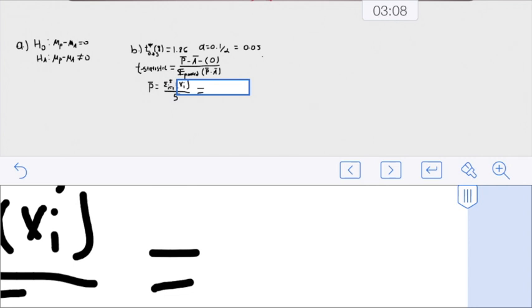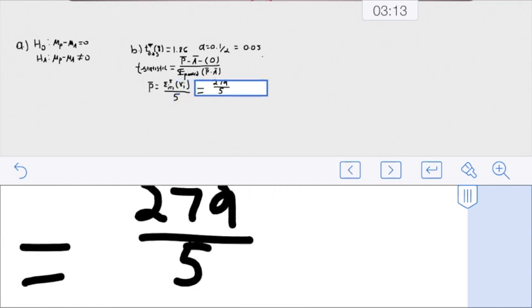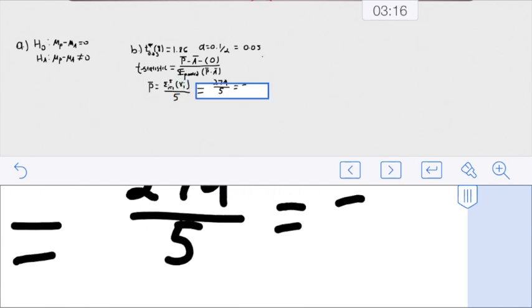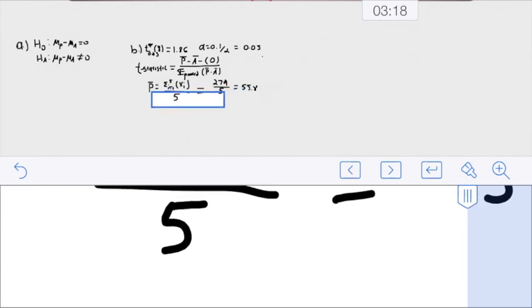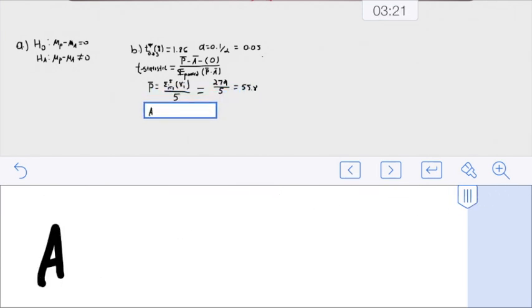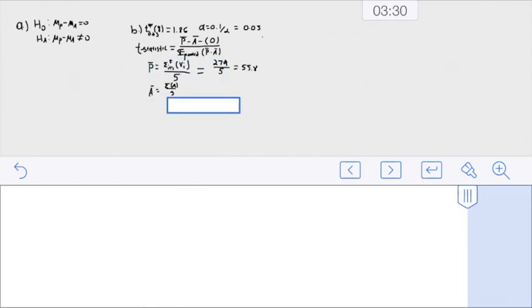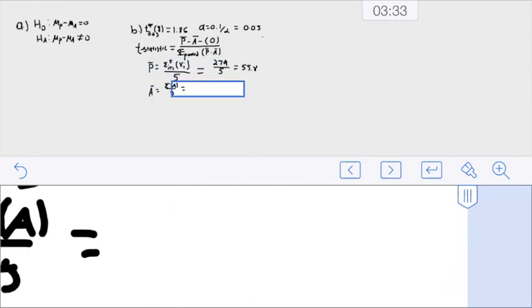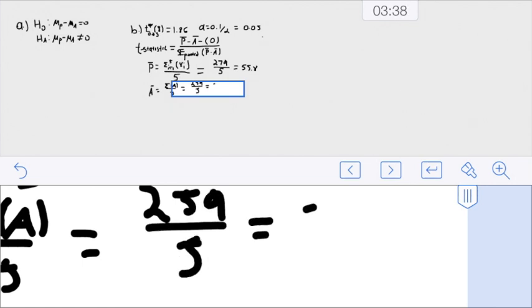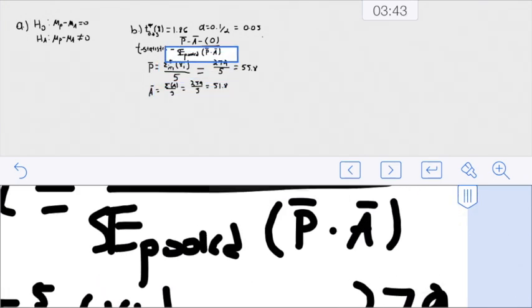So that ends up being 279 over 5, which is also 55.8. Then we must find our A bar, which is the sum of A over 5, and that is equal to 259 over 5, which is 51.8. So we have those two values.